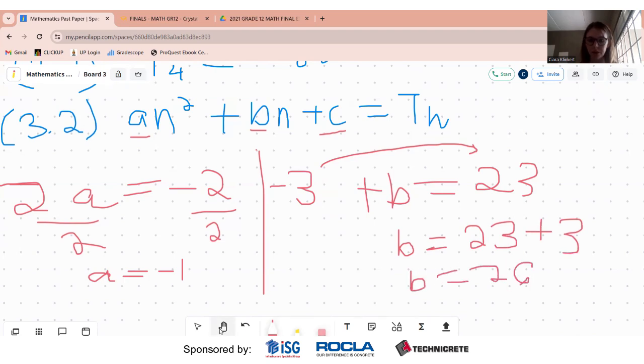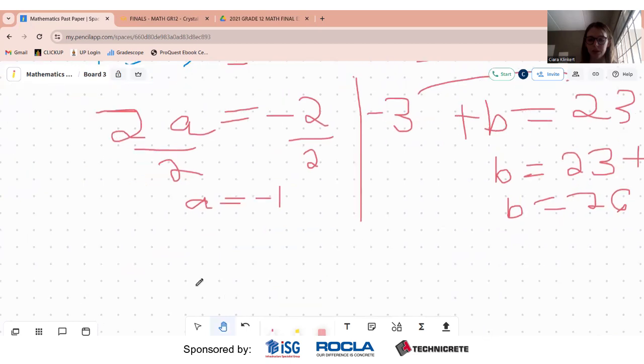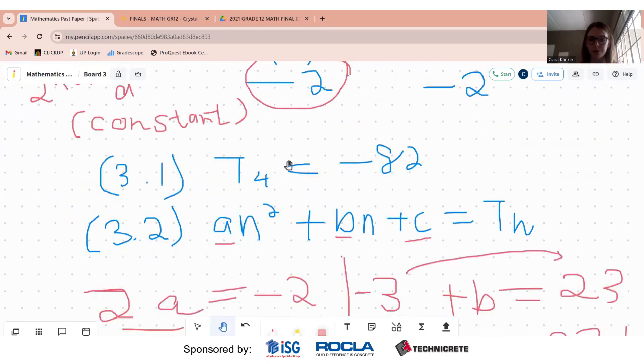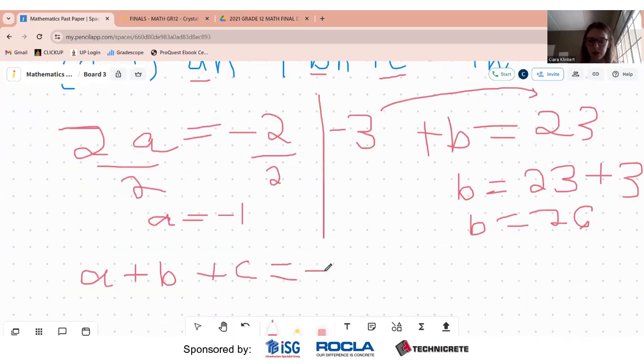And then the final equation that you set up to get c is you say that a plus b plus c is equal to the first term in the quadratic sequence. So this term over here, -145. I was a little bit confused when I started this question.